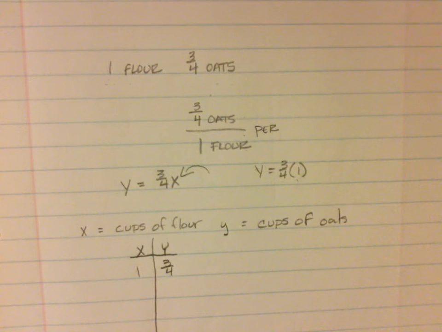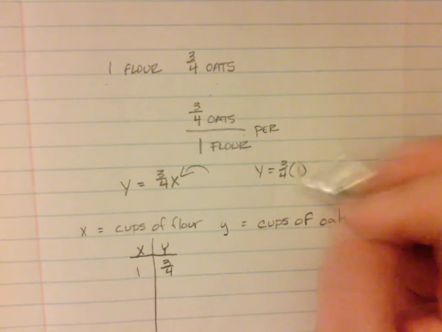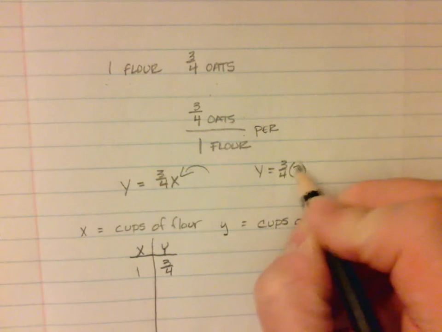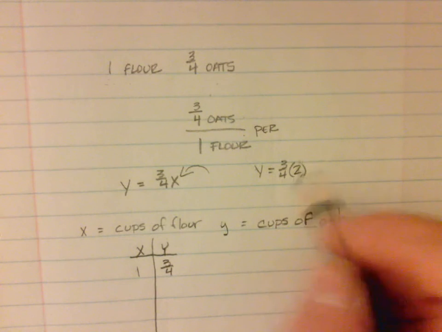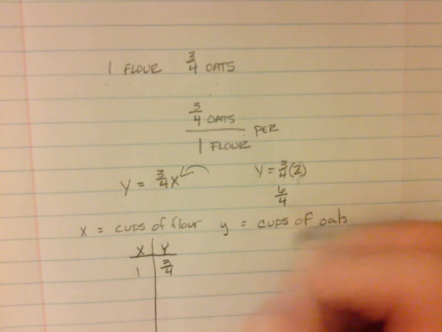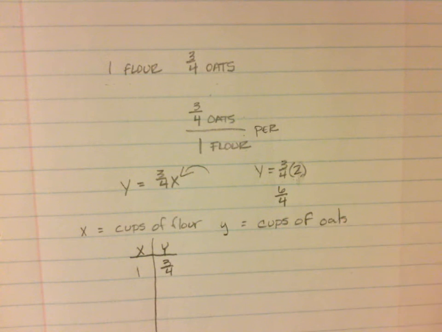But if I decide to scale it up and instead make 2 batches of cookies, now I have 2 cups of flour, and then I'm going to need 6/4 of a cup of oats, and I'd prefer we simplified that to 3/2. Improper fractions are great, but they should always be simplified.